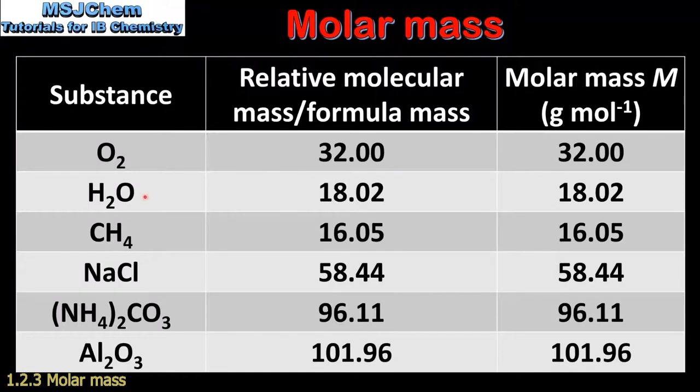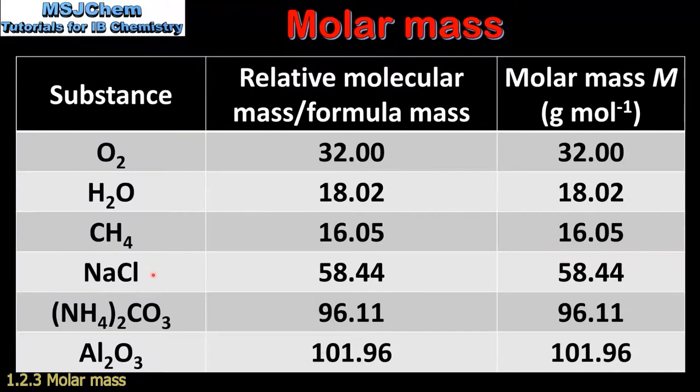Next, we have water, which has the formula H2O. Its relative molecular mass is 18.02, and its molar mass is 18.02 grams per mole. Next is methane, which has the formula CH4. Its relative molecular mass is 16.05, and its molar mass is 16.05 grams per mole.